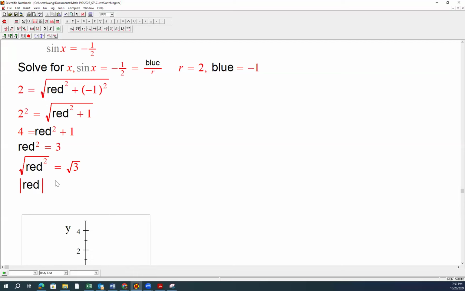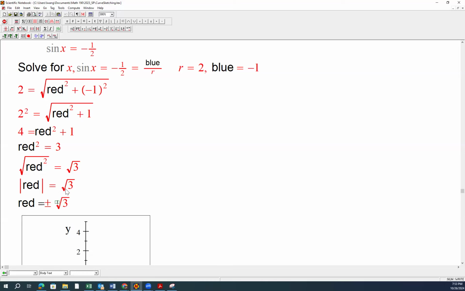Absolute value of red equals √3. If the absolute value of red equals √3, what would red be? Red could be positive √3 or negative √3.